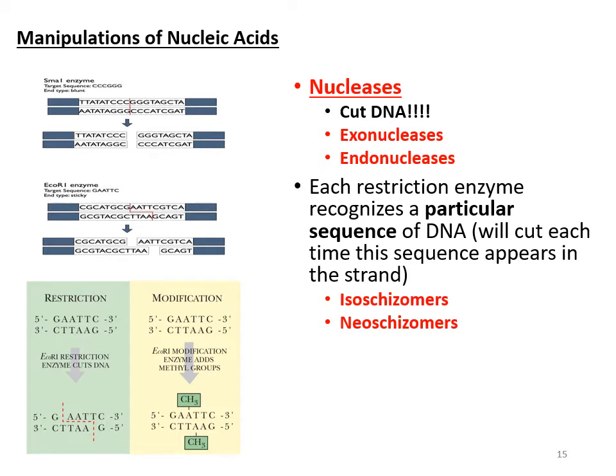Now, isoschizomers, on the other hand, it's a little confusing when I say this. They recognize the same sequence and cut at the same spot. So isoschizomers would both recognize GAATTC, and they would both cut after the G. That would be isoschizomers.